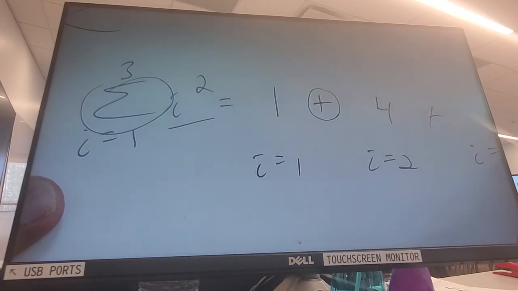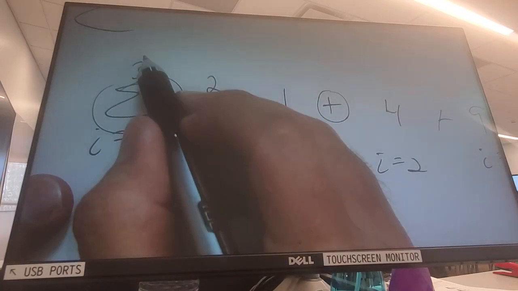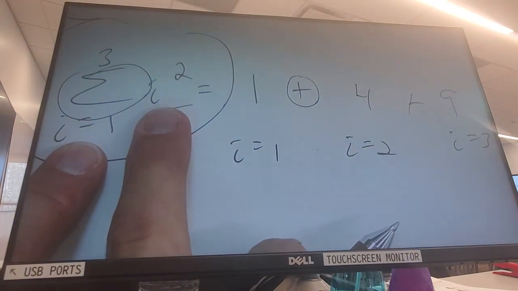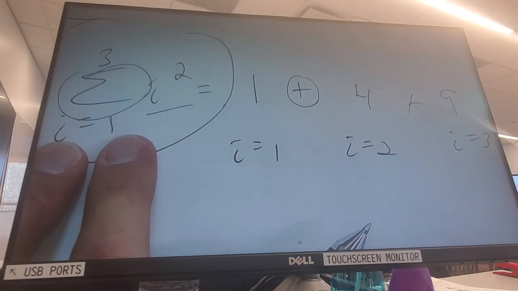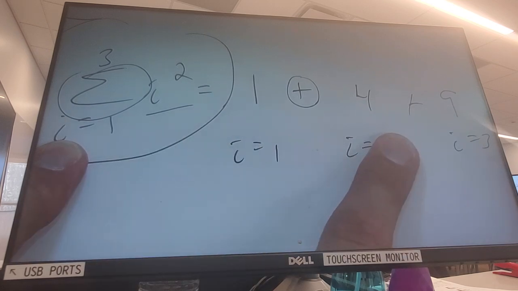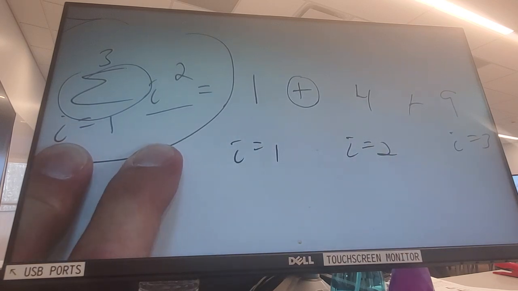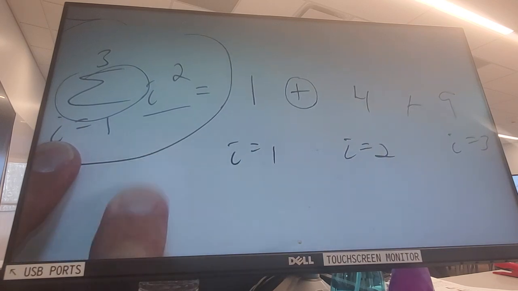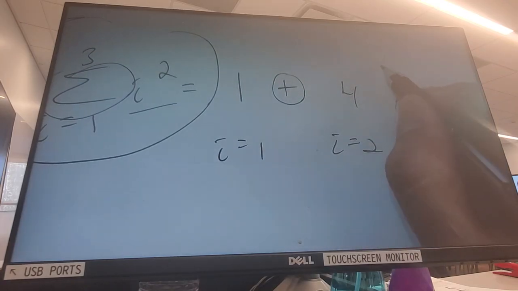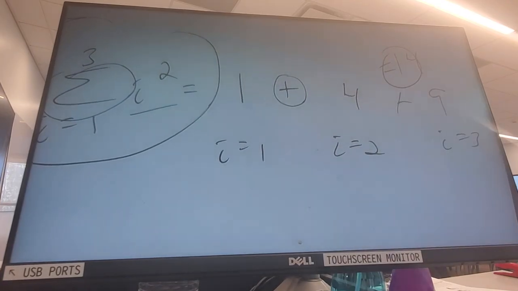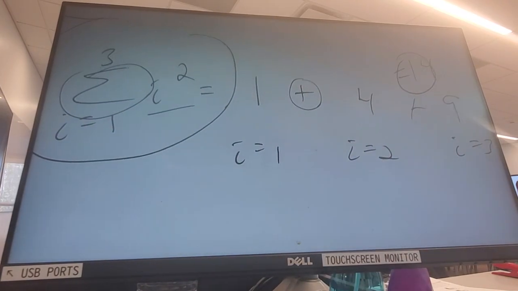Plus, when i is 3, what's i squared? 9. So this symbol says, add up the squares of 1, 2, and 3. So what do we get? 14. So that symbol leads to 14.